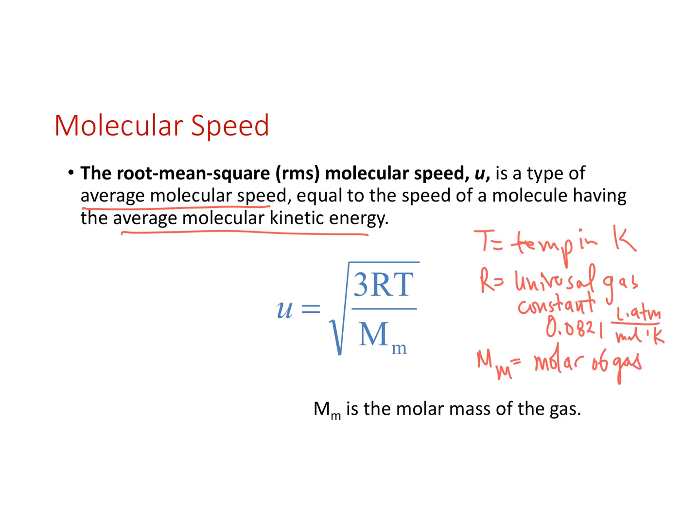Now remember that temperature is the average kinetic energy of the sample, where kinetic energy is 1/2 mass times velocity squared. So if kinetic energy is a product of our temperature, the higher the temperature of the sample, the higher our average kinetic energy. The lower the temperature of the sample, the lower our average kinetic energy.